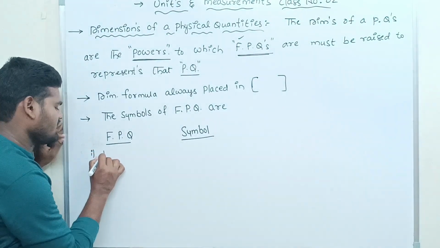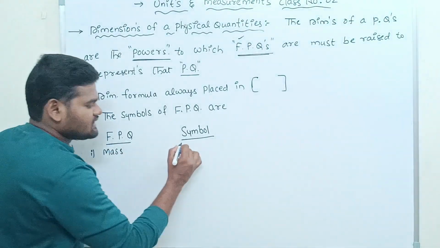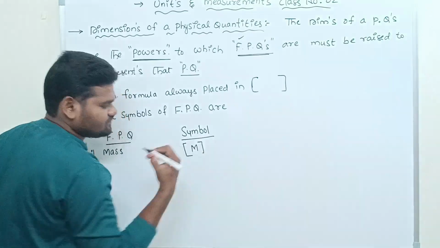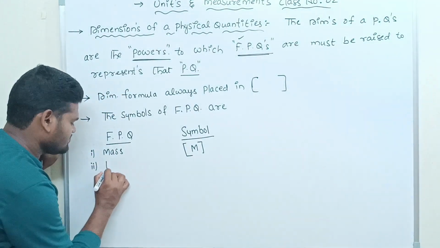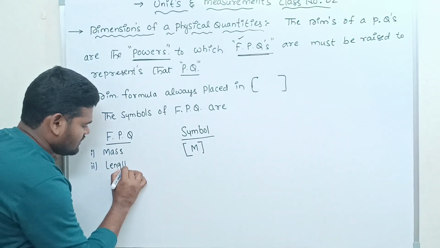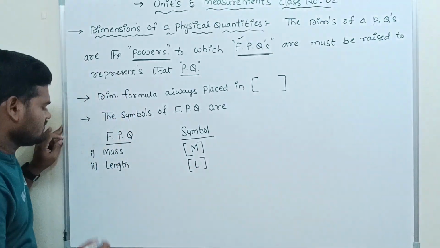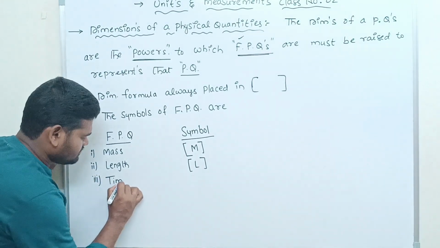First one, I am taking mass. So the dimensional symbol of mass is capital M. Second one, length. For length we have to take capital L. Third one, time.